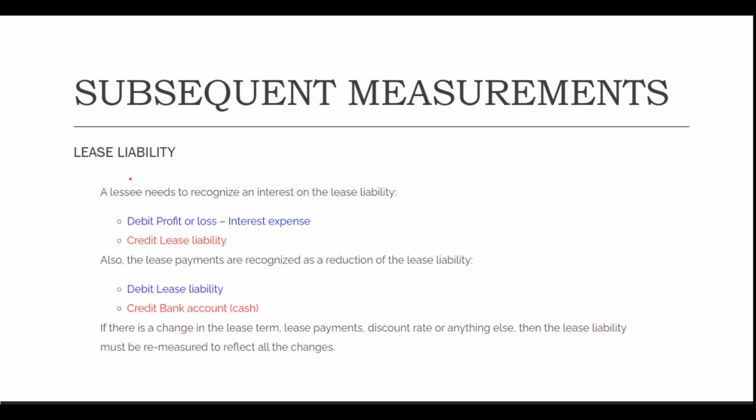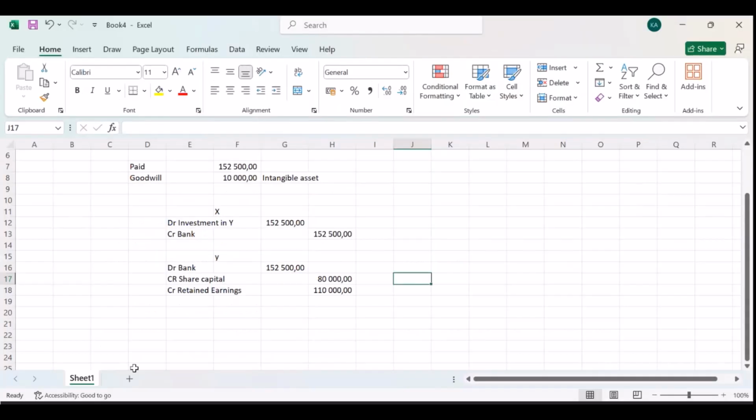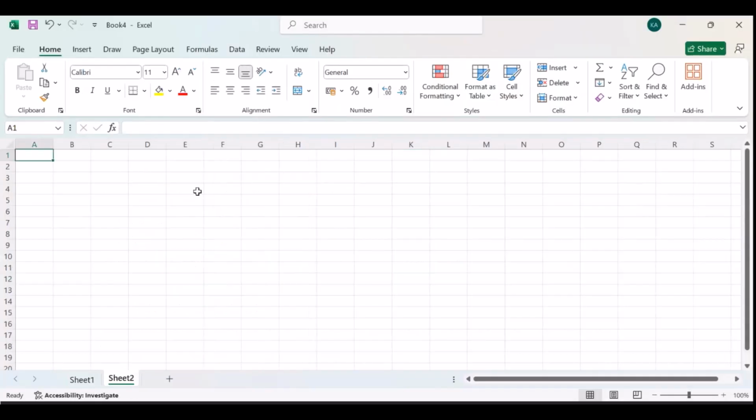Okay, let's do an example. So I have a lease, right? I said debit asset 10,000, credit liability 10,000, right? That's my initial recognition or initial measurement. Subsequently, what do I do?